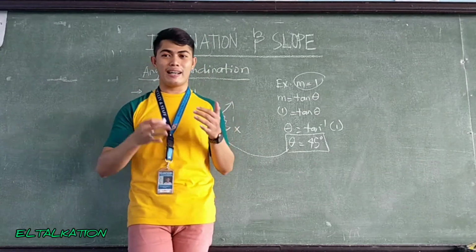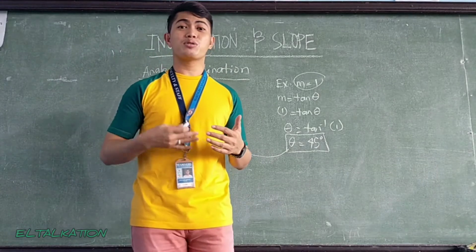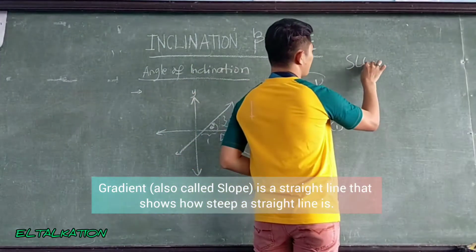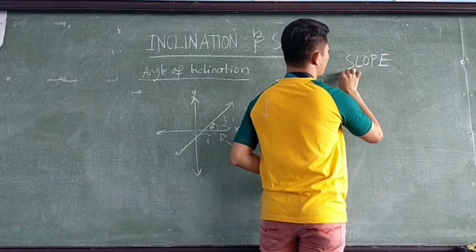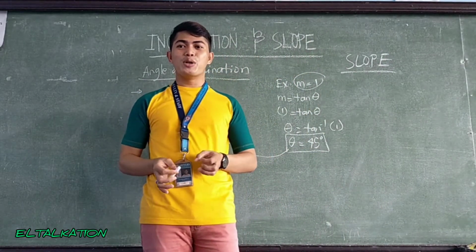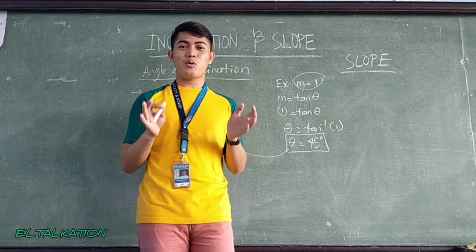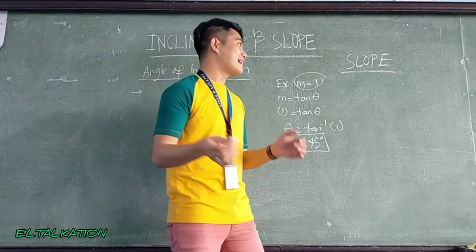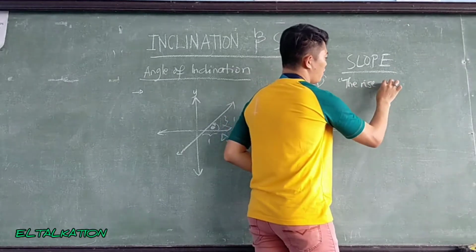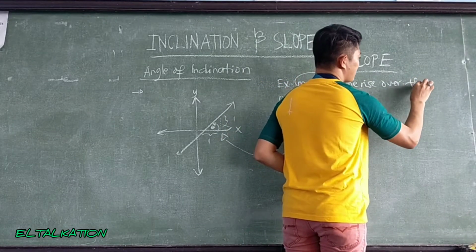So ano nga ba ang gradient? This one is also called the slope. So the gradient is also called the slope, wherein it is known as the rise over run. So the rise over the run.